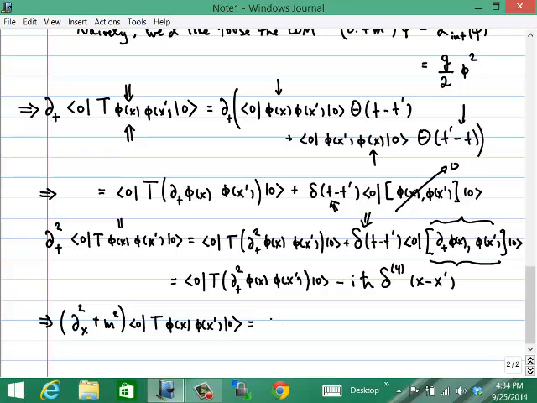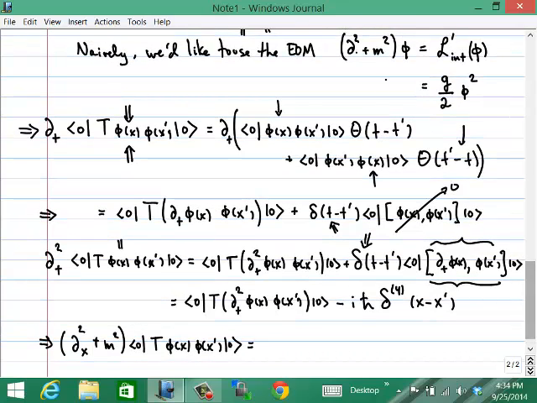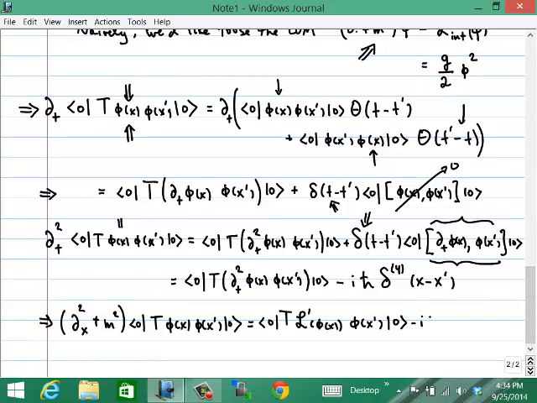So we can then go ahead and use the equation of motion. So this is the equation of motion right here, to say that this is equal to the expectation value of the time ordered product of L prime at phi of x times phi at x prime, plus a correction term that sets x equal to x prime. Okay.